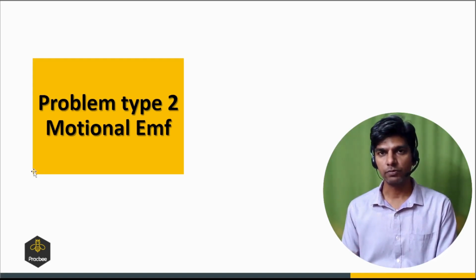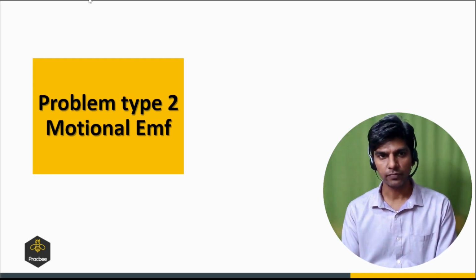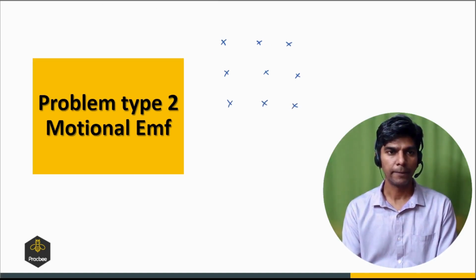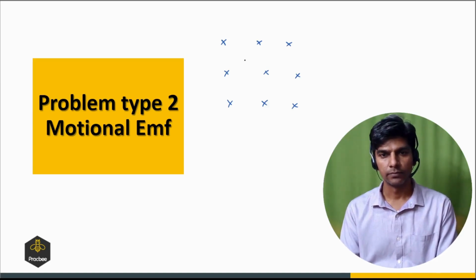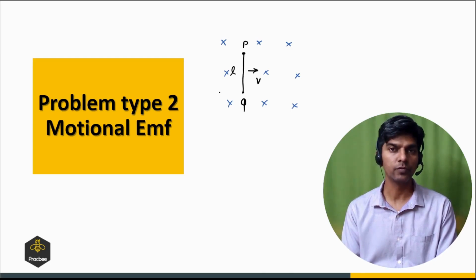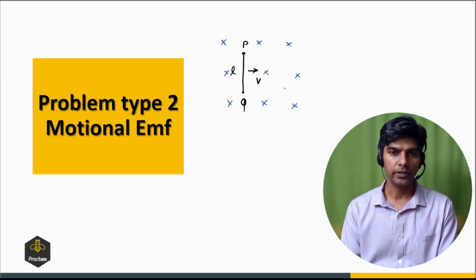Now let us see the next problem type, and it is based on motional EMF. Now let us see the different types of question that can be asked. Suppose magnetic field is into the plane, and there is a conductor of length L, and let us say this end is P and this end is Q, and this conductor is moving in the right direction with the uniform velocity V, then there will be an induced EMF.